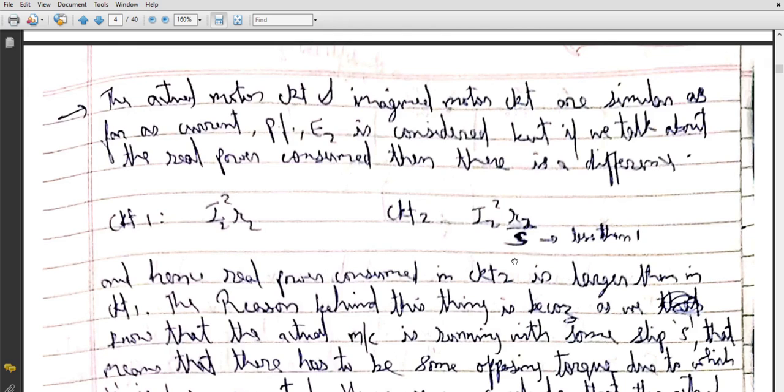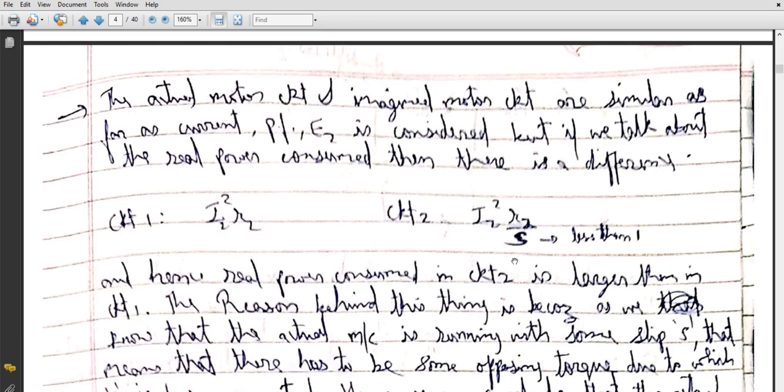Now suppose the induction motor was running earlier on no load. If I put some external load on the shaft, the motor is rotating the shaft as well as the external load. Now the rotor speed will decrease further. Why? Because now the induction motor has to provide two opposing powers: one due to the friction, and the other due to the external load put on the shaft.